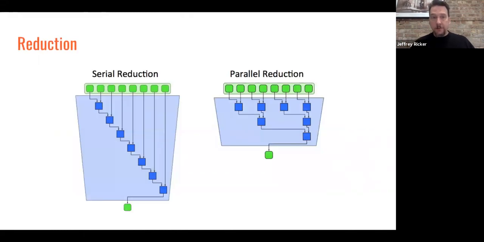Reduction is also something we think of as serialized, right? Where we say, okay, I have a list of 10 numbers and I want to add them. So I say, I have 1, and then I add 2 to it, and that gives me 3, and now I add 3 to it, and that becomes 6, et cetera, et cetera. I'm going through a reduction in a serial form, but you can actually parallelize reduction. So this is another idea of partitioned work.